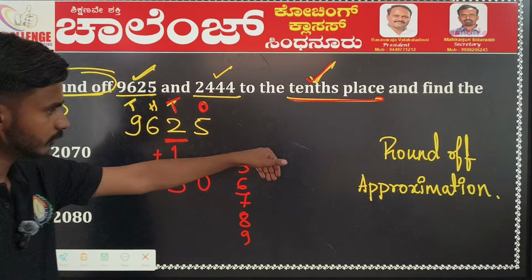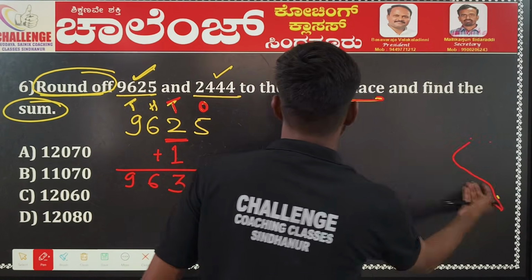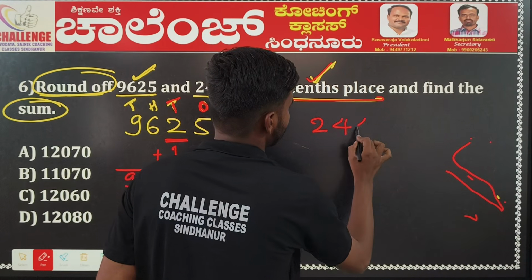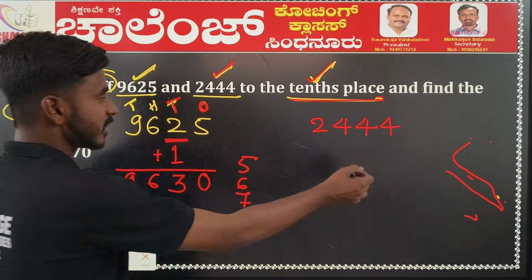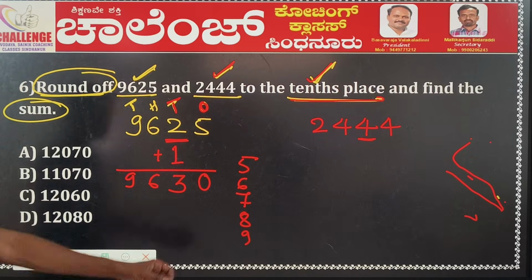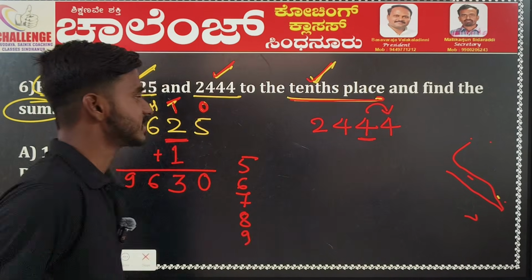Next, they gave another number, which is 2444. We need to find the approximation of this number to its 10th place. We apply the same rule here. Look at the last place. The last place is 4.